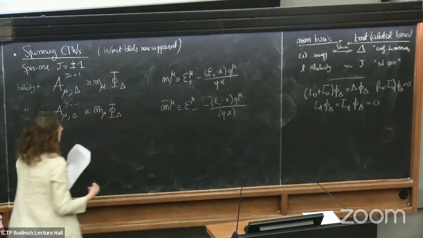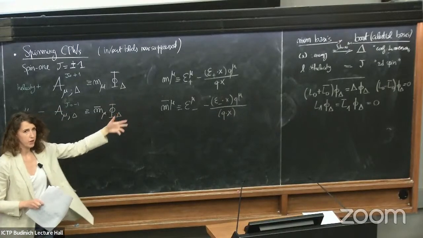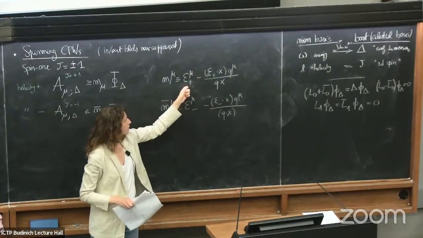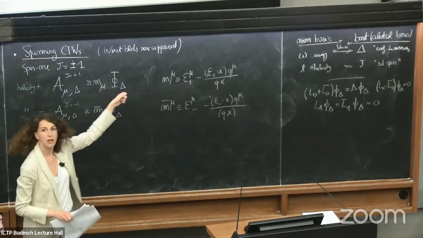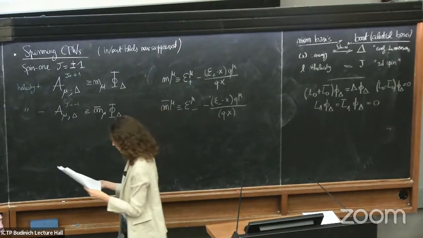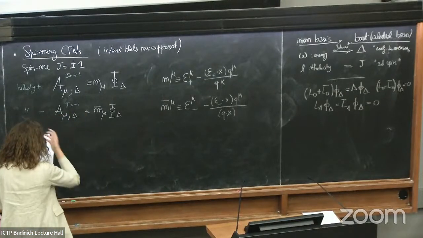So these things are required in order to have a nice transformation under SL(2,C). If you just take this polarization tensor times the scalar primary, you will see that this guy doesn't transform nicely under SL(2,C). You have actually to take this tetrad thing.